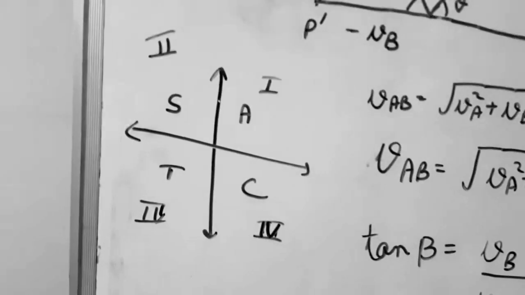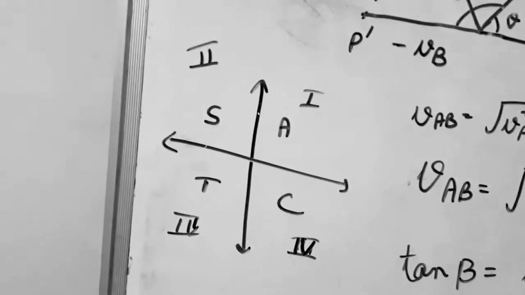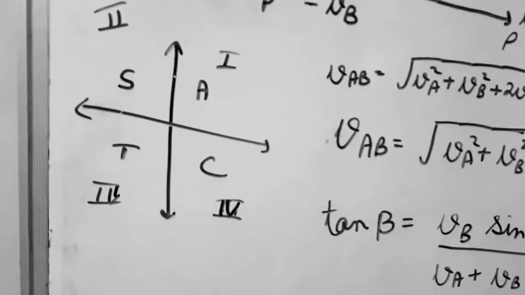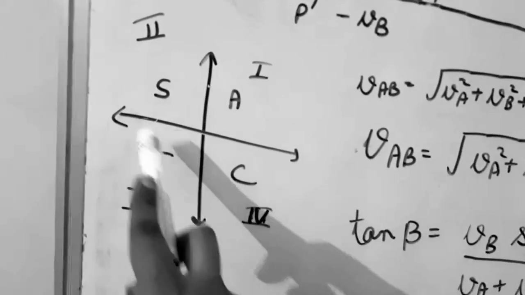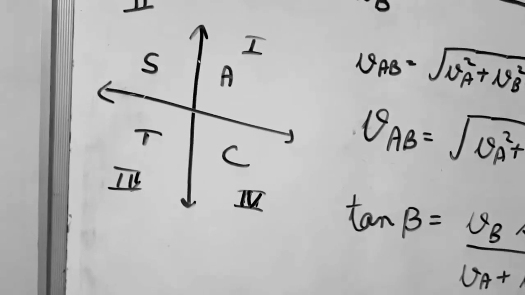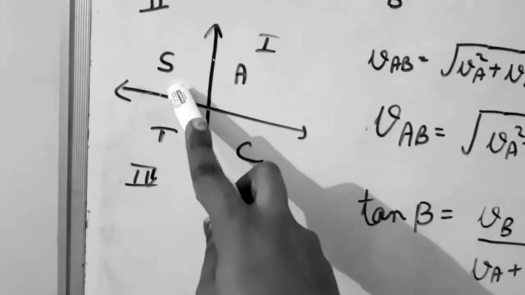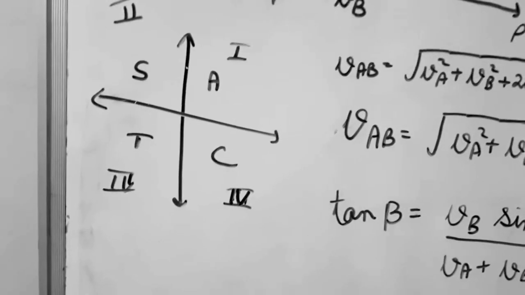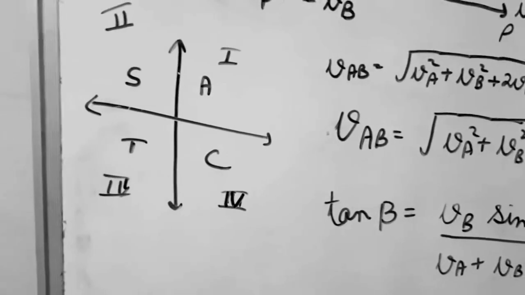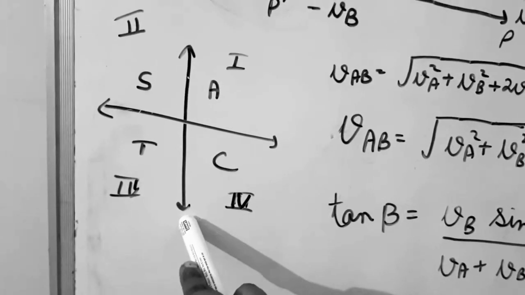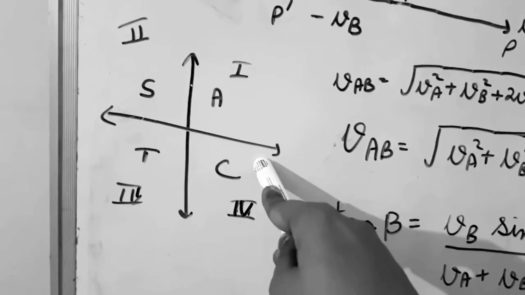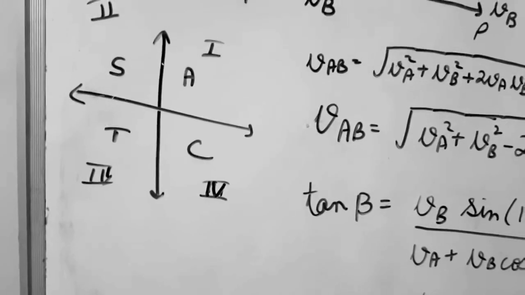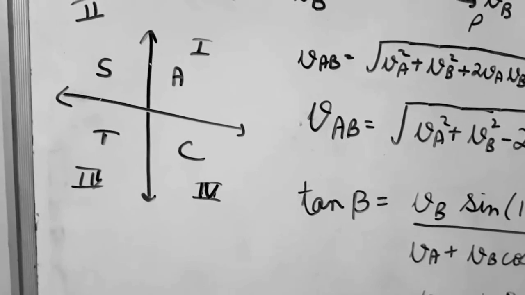The second quadrant is from 90 degree to 180 degree, that is pi by 2 to pi. The third quadrant is from 180 degree to 270 degree, that is pi to 3 pi by 2, and the fourth quadrant is from 3 pi by 2 to 2 pi. So this whole is the division of the quadrants.